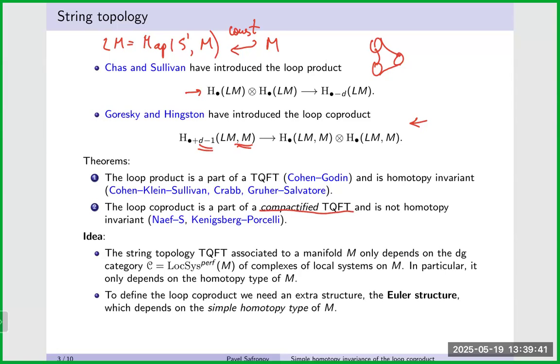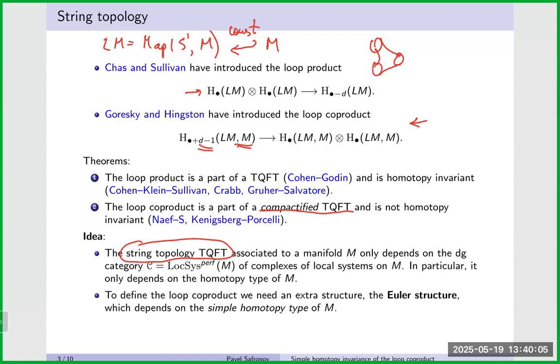So the idea is that there will be some two-dimensional TQFT in the background, the string topology TQFT. And that TQFT only sees the homotopy type. So actually it depends on the category of local systems on this manifold.